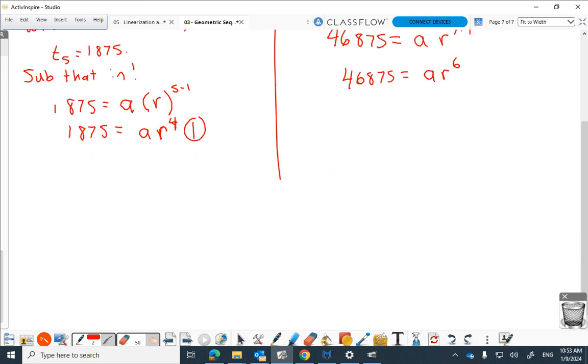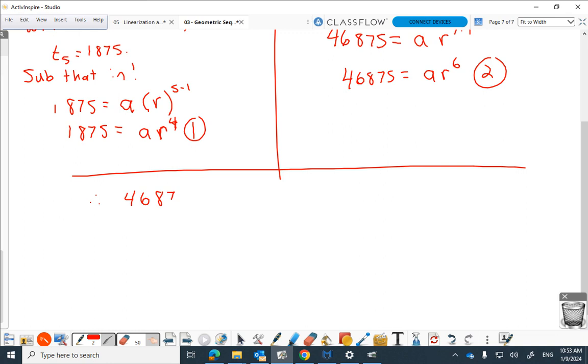For the rest of your math life, just label it when that happens. Just say, okay, there's some information. Let me write these over top of each other. Therefore, 46,875 equals A R^6, and 1,875 equals A R^4.